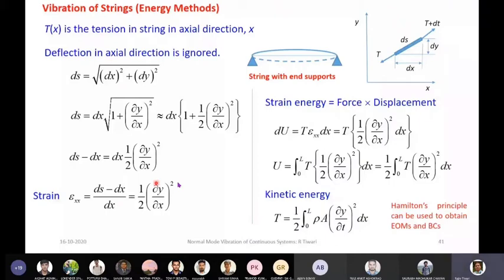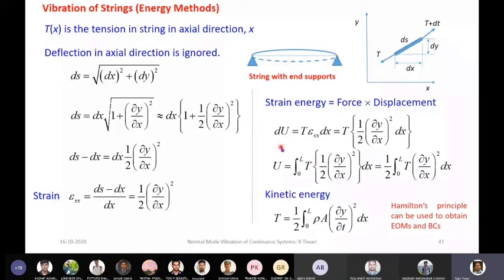Now the strain energy is defined as the force into the displacement of the cable. For a small segment, this is the force which is applied, and strain multiplied by dx is the deformation. Strain multiplied by the length of this segment is the deformation. So if we substitute the strain from here, we'll get this.